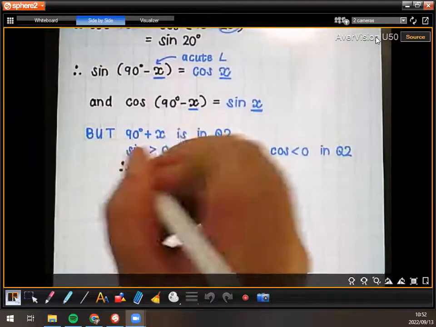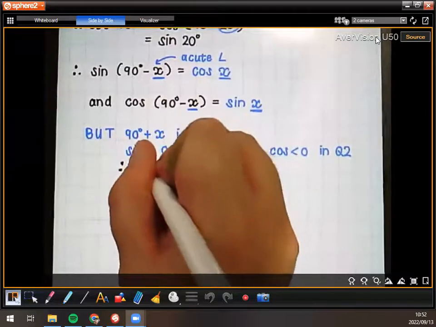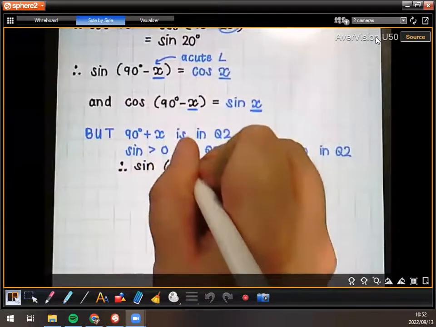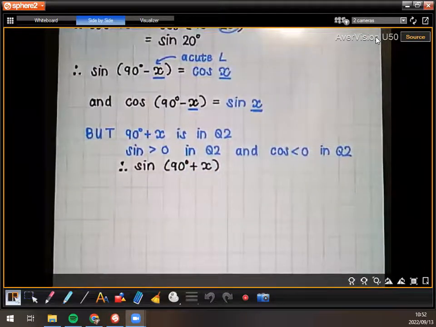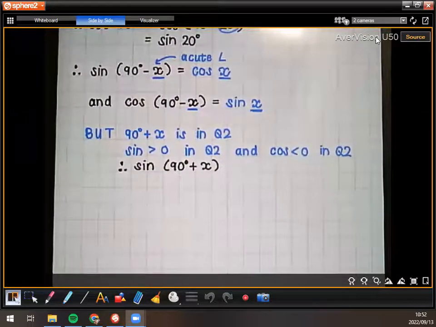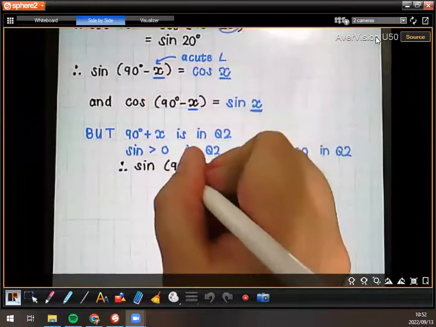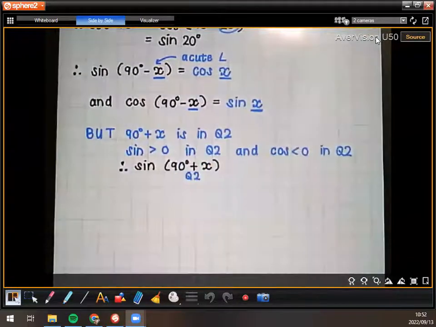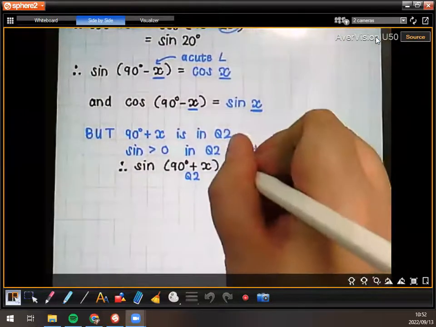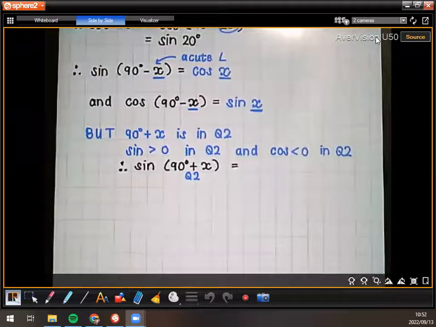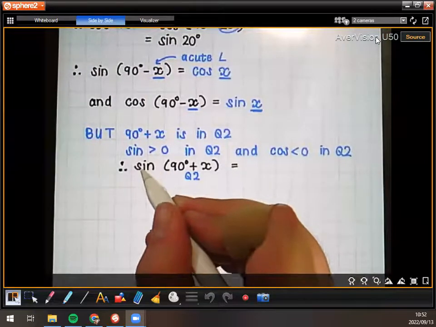So if they ask you for sine of 90 plus x, just like you do with all the other reduction formula, you need to ask yourself, which quadrant is 90 plus x in? Quadrant 2. Right? What is sine in the second quadrant? Positive. So this is going to become positive, but it's going to be positive sine.